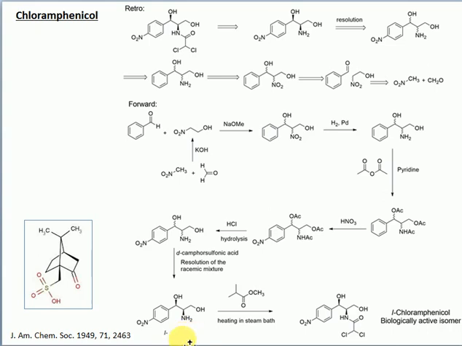So we get this L isomer as a pure stereoisomer, and then we treat it with this ester. Sorry, there will be two chlorine groups here, so we will get this chlorinated compound, which is called L-chloramphenicol. This is the biologically active isomer.